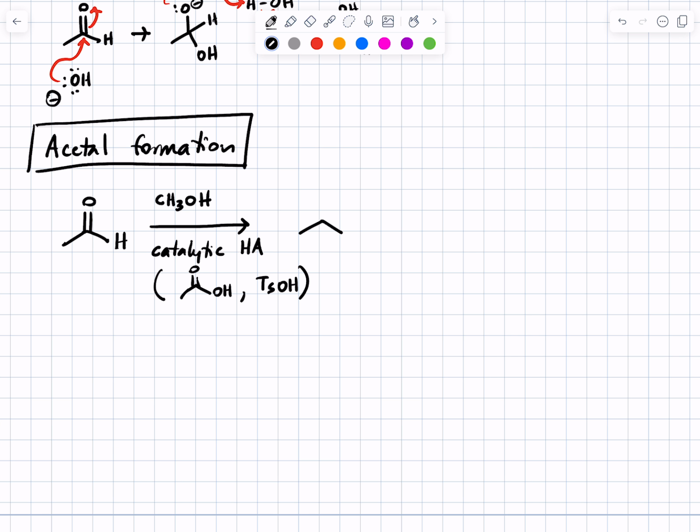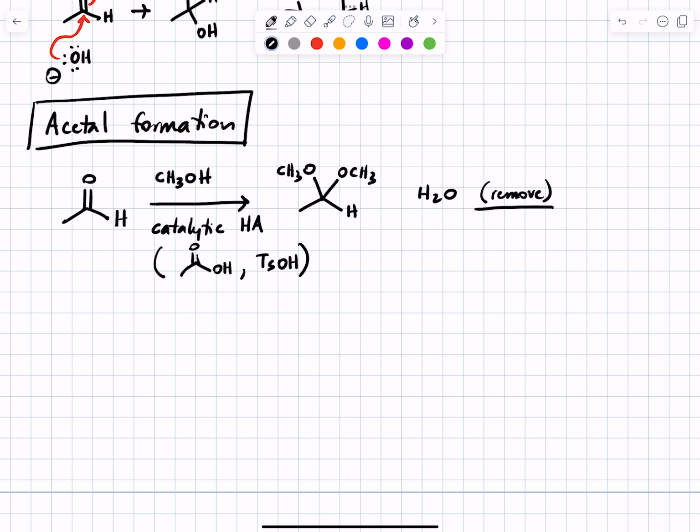When you do this reaction, you end up replacing each of the carbon-oxygen bonds in the starting material with carbon-oxygen bonds involving the alcohol, and you end up losing water. And if you want acetal formation to occur, you probably need to remove the water from the equilibrium, because this is an equilibrium process and you can go backwards.